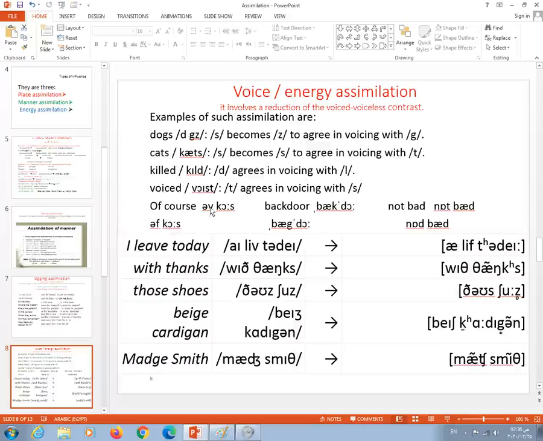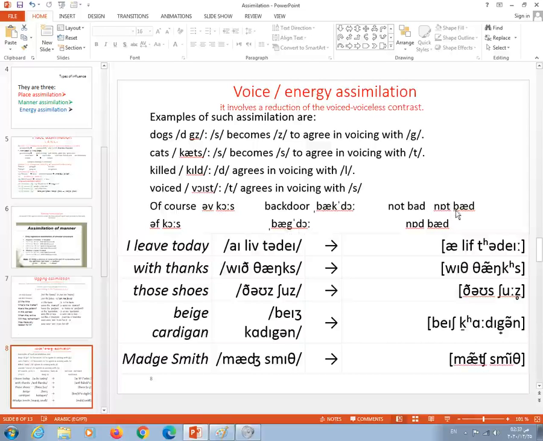Same thing if we look here at back door. What happens is that the "k" of back is voiceless and the "d" of door is voiced, so of course they have to come close to each other. "K" changes into "g", so we say back door. Next, not bad: the "t" in not changes into a "d" because it is followed by a "b", which is a voiced consonant.